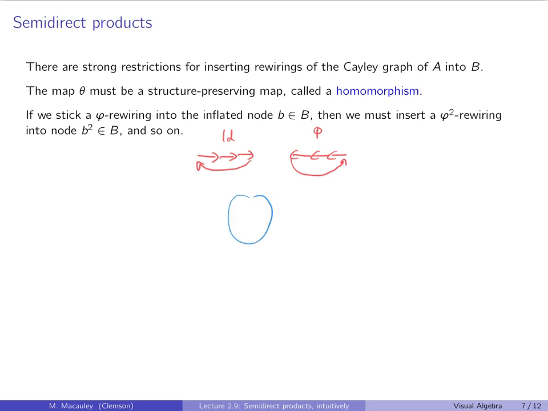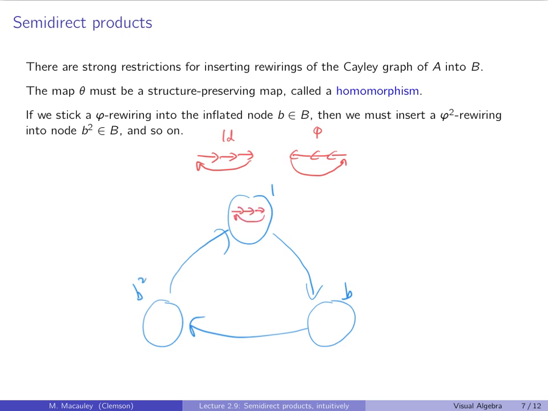So here's C3, and here is node 1, here is node B, and here's B squared. So if we start with the identity rewiring here, which we're going to have to, as we'll see later, this is phi to the 0, which is the identity.